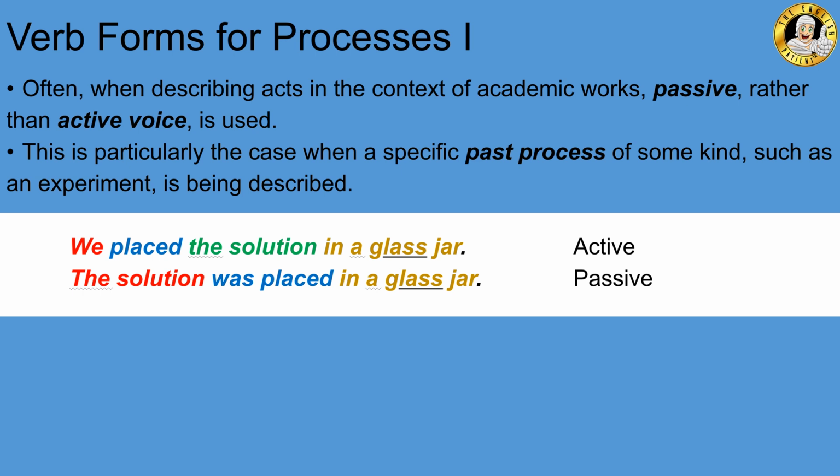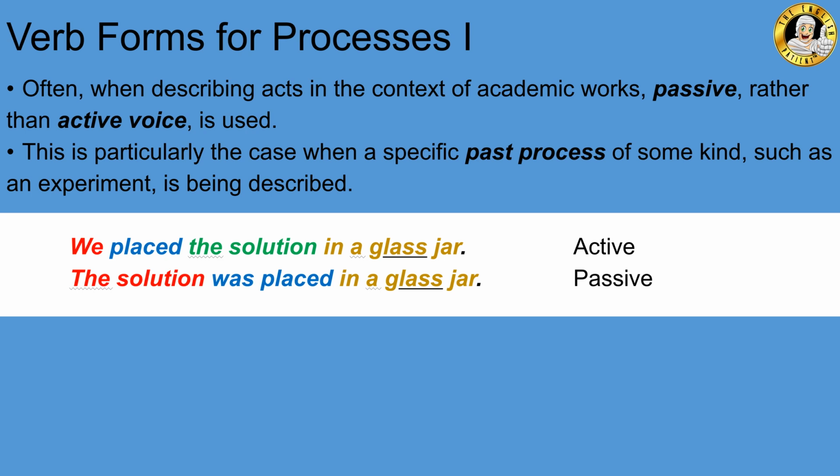And we do that by moving the object to the subject position, which is the most important part of what we want to describe. So for example here, we placed the solution in a glass jar. So "we" is not that important. The solution is more important.